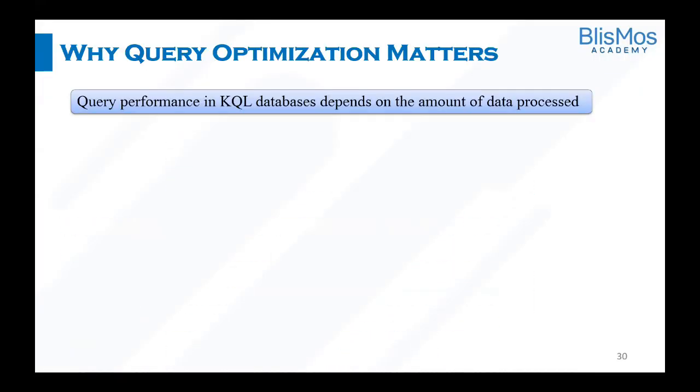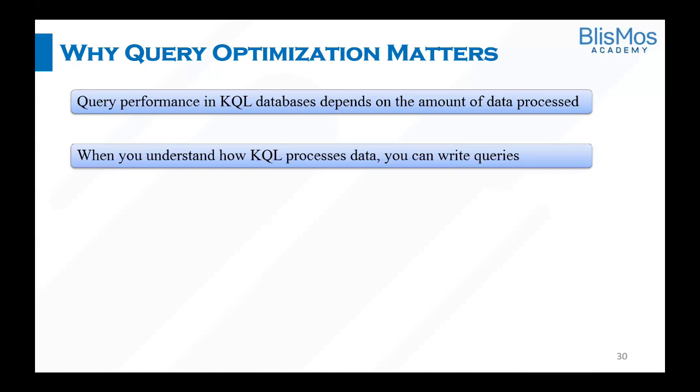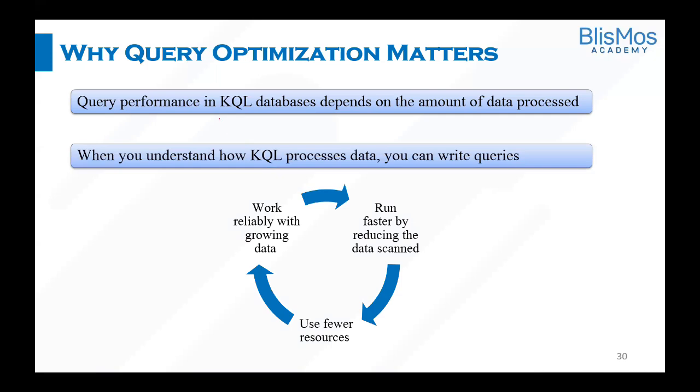When we say optimization, why do we really need to worry about it? Because if you don't optimize, the query may take more time. If you optimize, it will be easy for you to reliably work with growing data, because you would have written some query which runs for the current data, but as the data increases, if your queries are not optimized, they may start performing very badly. So to avoid those situations, you have to optimize your queries.